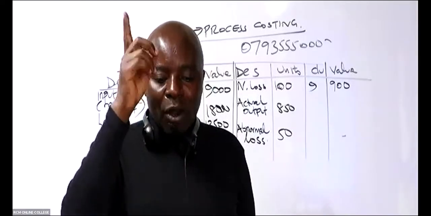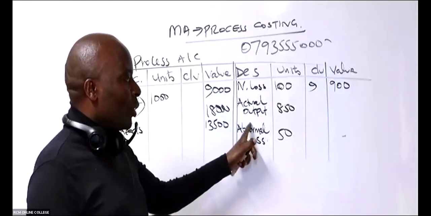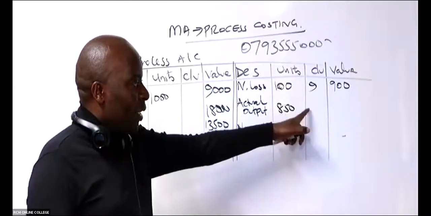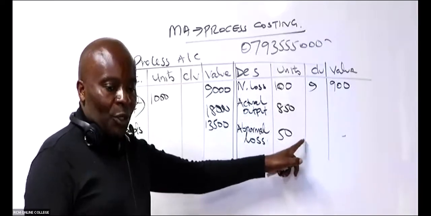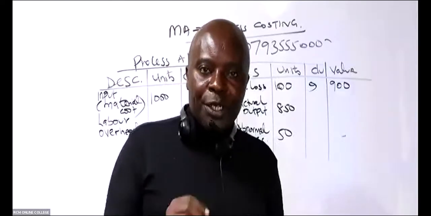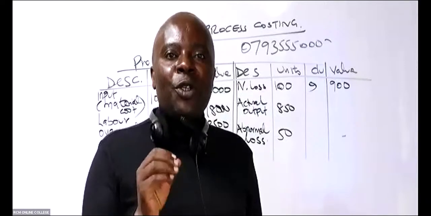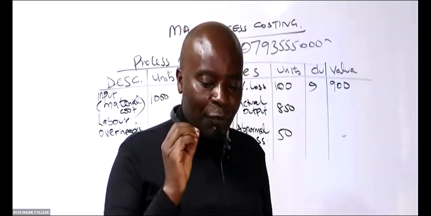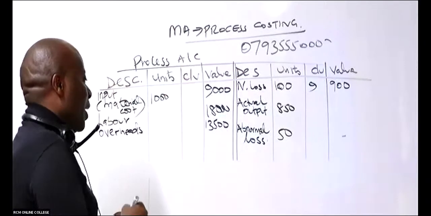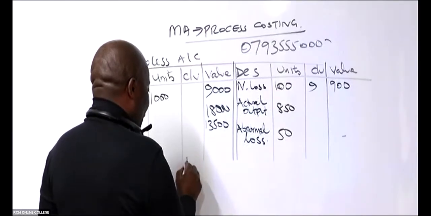They carry the same cost as the actual output. So for the abnormal loss and the actual output valuation, you must use a process cost per unit formula. Ladies and gentlemen, are you able to remember the formula for process cost per unit?